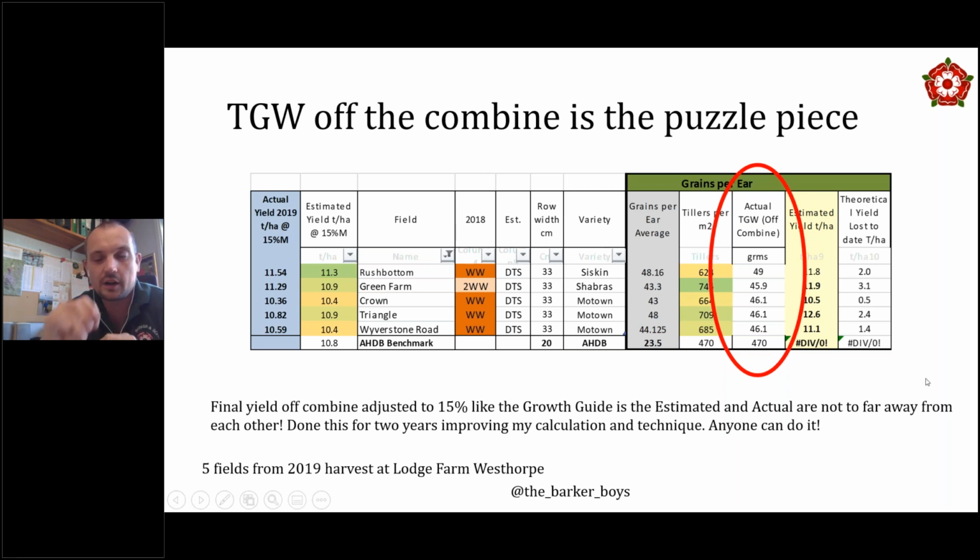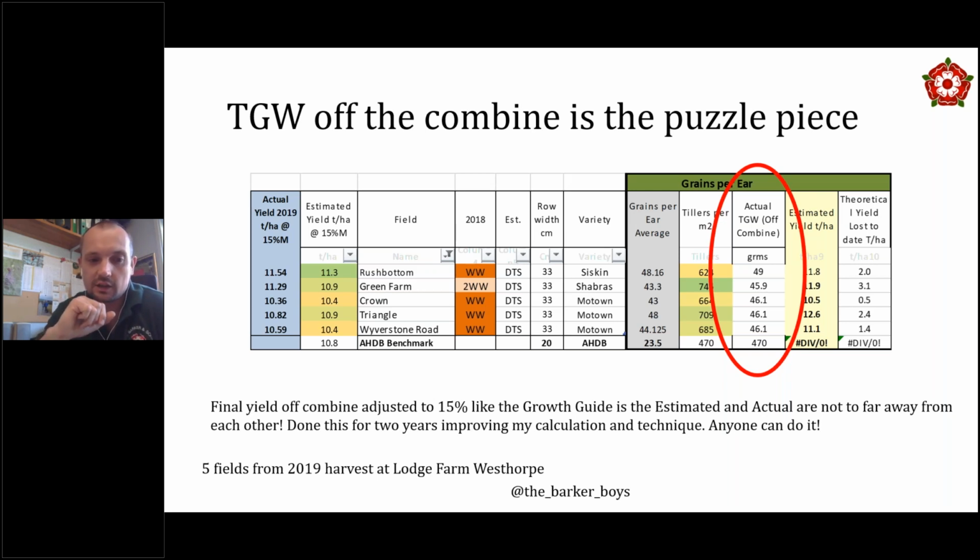The growth guide assumes the 1,000 grain weight off the combine is, I think, 50, whereas in certain seasons you don't get 50. So by putting in the actual 1,000 grain weight off the combine, not cleaning any seed off, just literally what comes off the combine, and changing all the calculations, it brings everything in line with exactly what we've estimated and what we've actually got off the field.